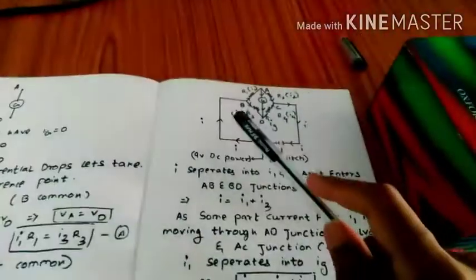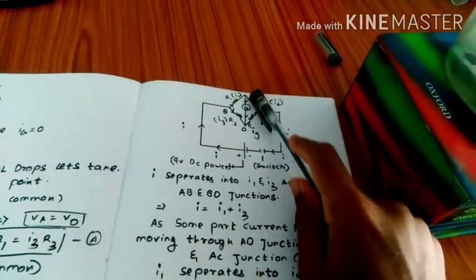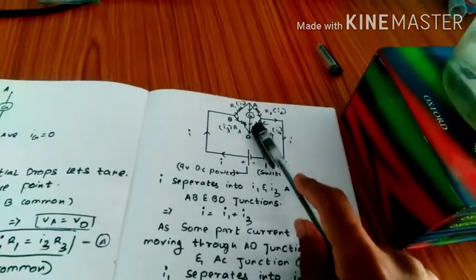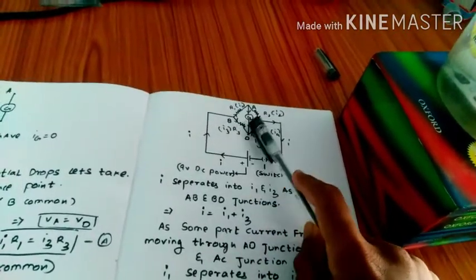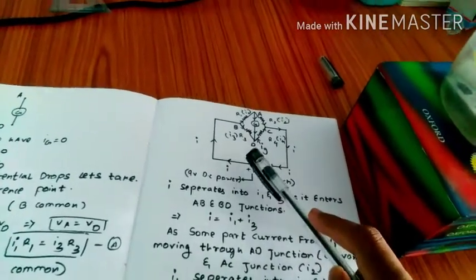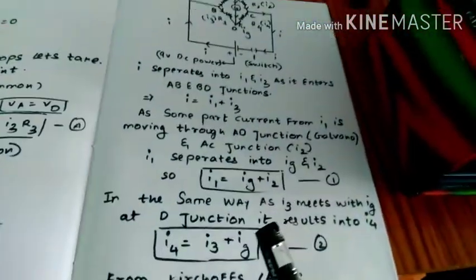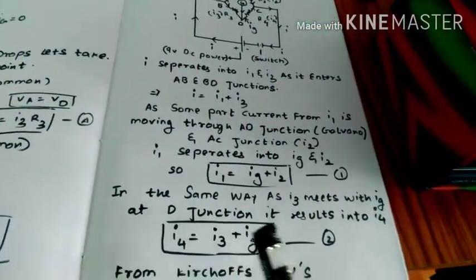Again, when you have the current flowing in this direction and the galvanometer current flowing in this direction, both these currents combine to form the I4 current, that is the current flowing through resistor 4. So the second equation will be I4 is equal to I3 plus Ig.